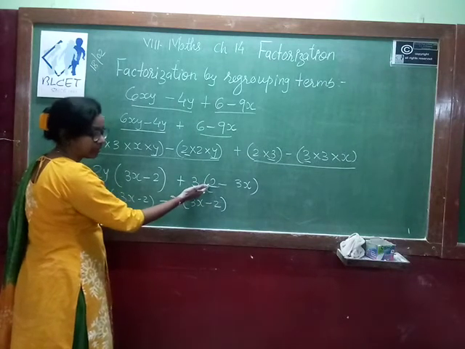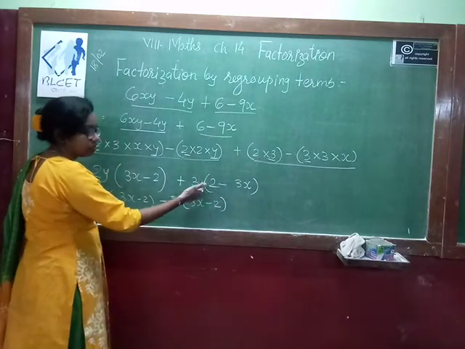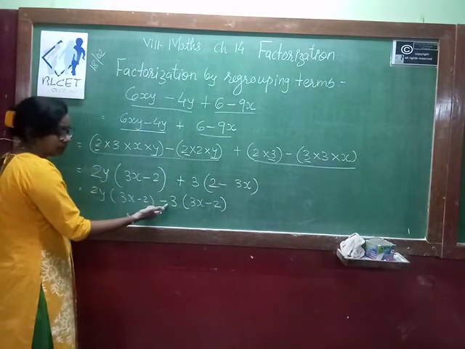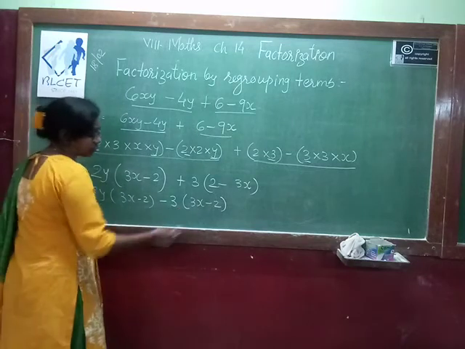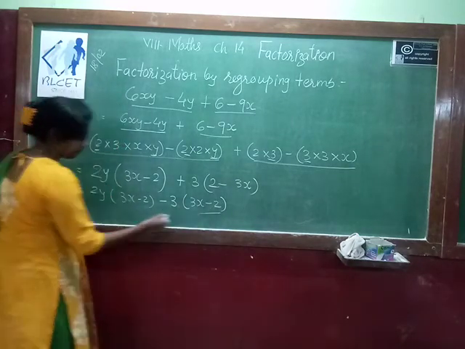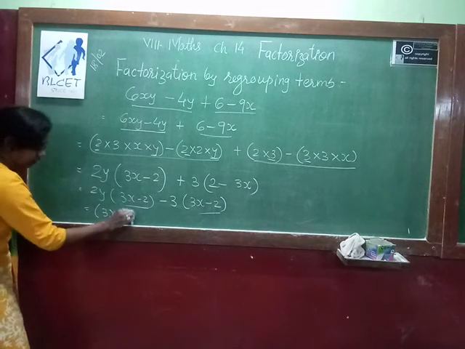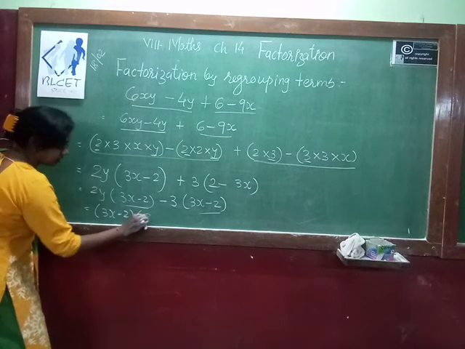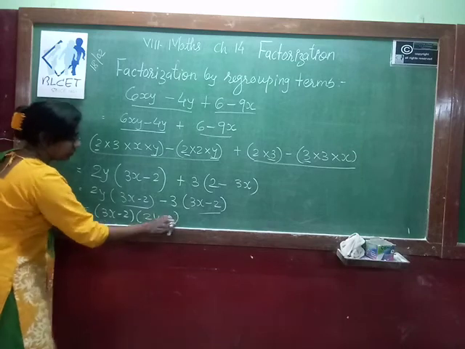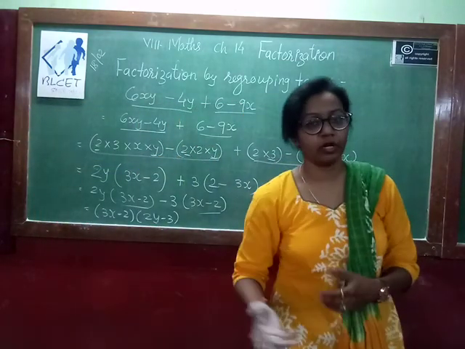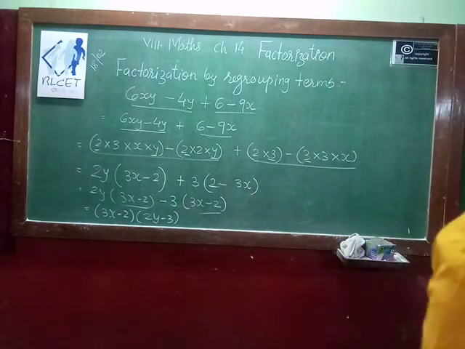Obviously we have to multiply the whole bracket by minus, so we take the minus outside: minus 3 times (3x minus 2). Now what is common over here? 3x minus 2 is common. What is left? 2y minus 3. So this way we can find the common factors by regrouping terms. This is all about your factorization method. Thank you.